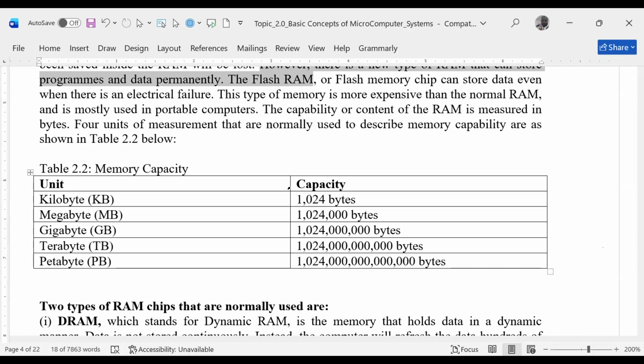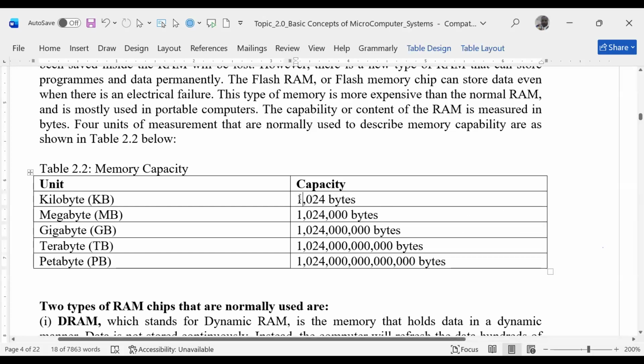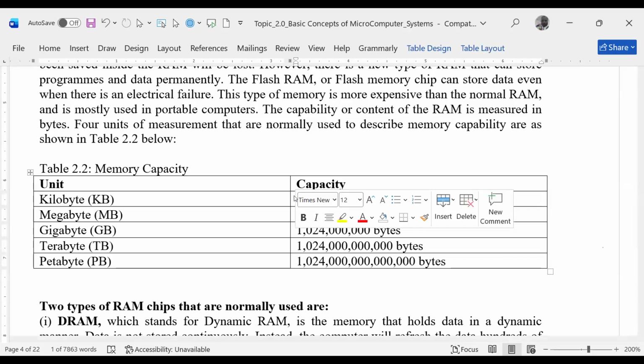And this is how things are measured. For memory capacity, we have kilo. Kilo means 1,000. But in computing, it doesn't mean exactly 1,000. It's 1,024. So there's a reserve of 24. And this reserve is meant for the system to give you extra space in case the 1 kilobyte, which is 1,000, is consumed by you.